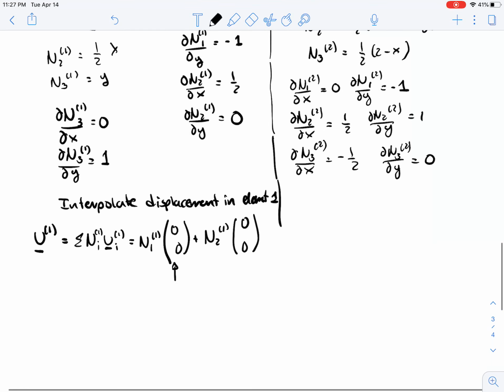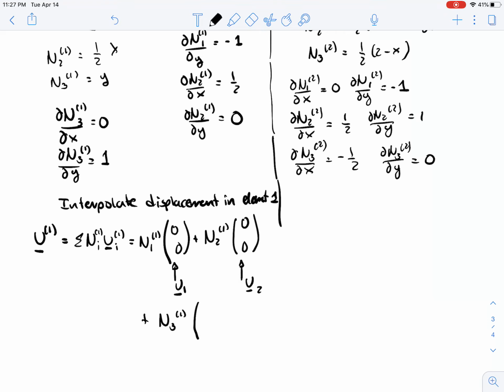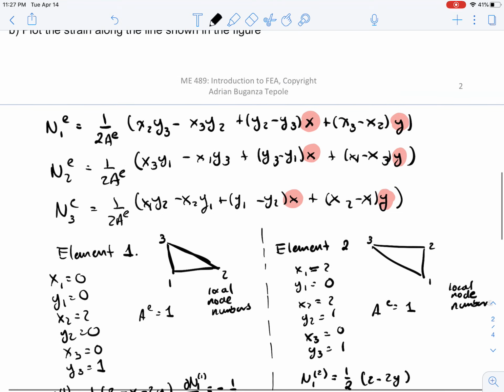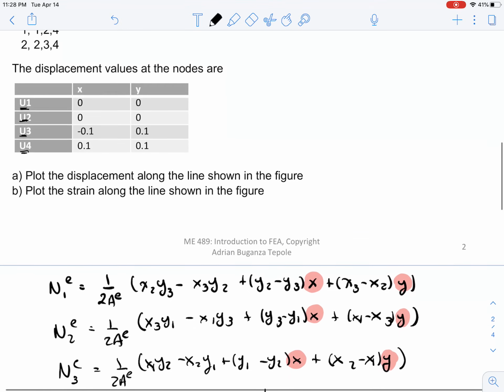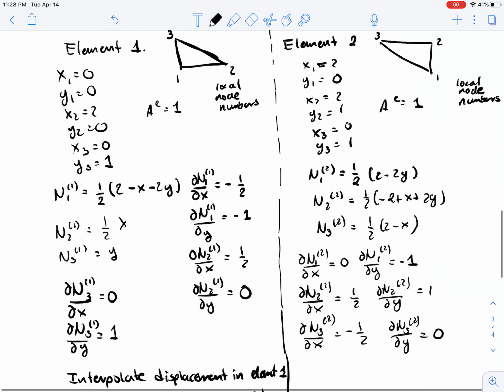plus the second shape function of element 1 times the displacement at node 2. So this will be u at node 1, this will be u at node 2, plus the third shape function times the displacement at node 3.